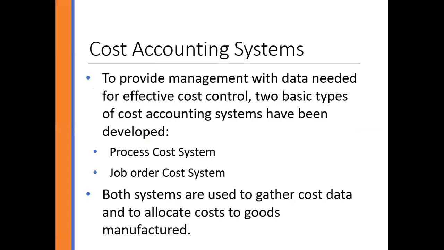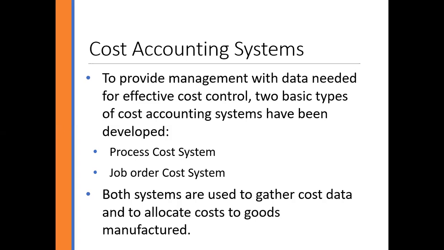All right, so cost accounting systems. There are two main types of cost accounting systems. We are going to talk about both of them and get practice with both of them. I will just give you a little bit of a forewarning. They're very similar, but the process cost system involves a bit more calculation. That's why we have a little more time figured into the syllabus to cover that.